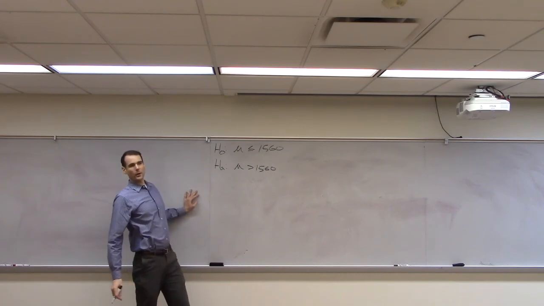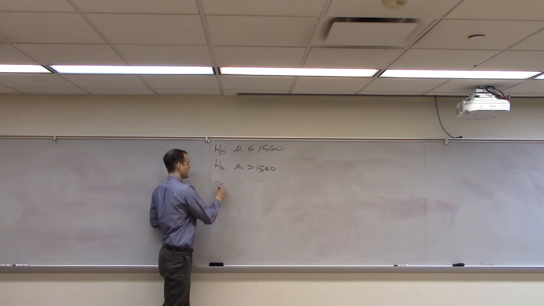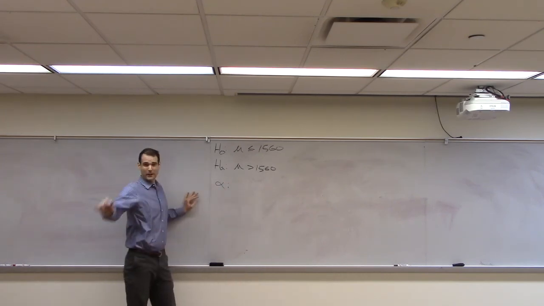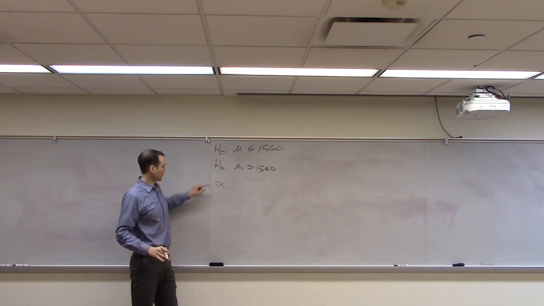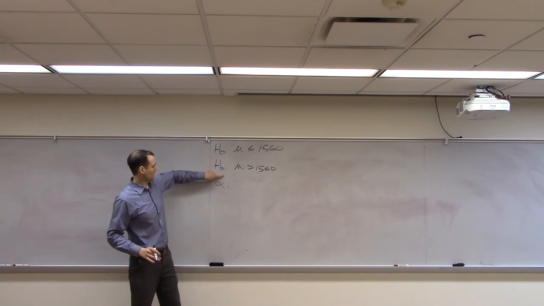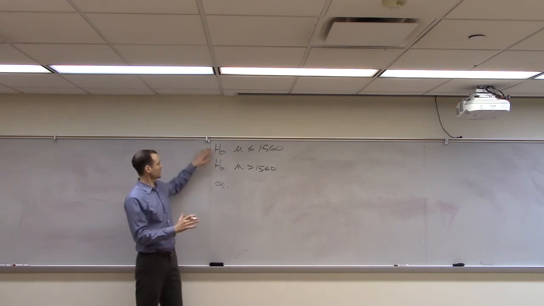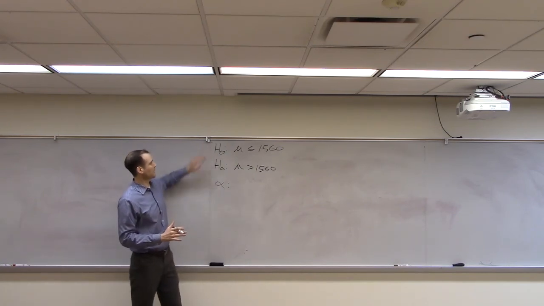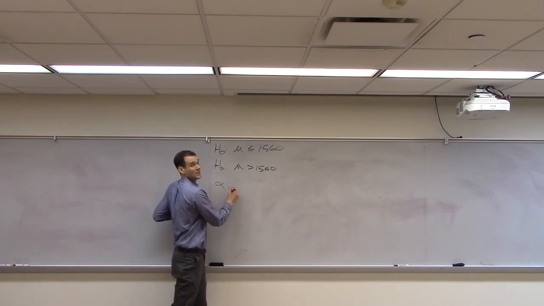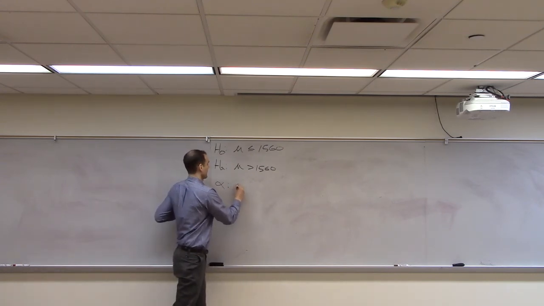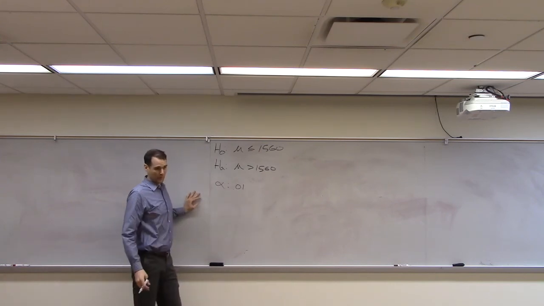What do I mean by overwhelming evidence? That's my significance level. Personal preference. You can decide 10%, 5%, 1%, whatever you want, based on the importance, based on the consequence of rejecting the null hypothesis. You'll consider all those factors. In this case, significance level is 1%. That's what we mean by overwhelming evidence. Anything less likely to happen than 1%.